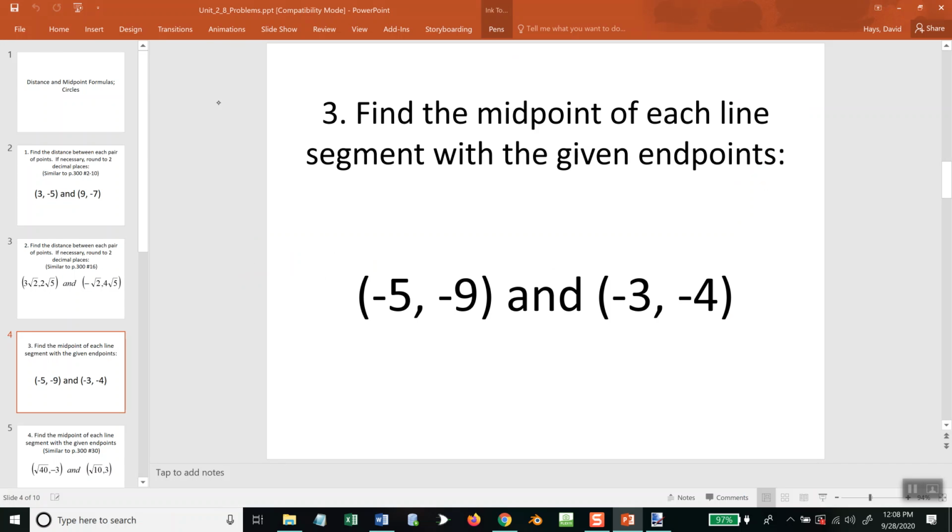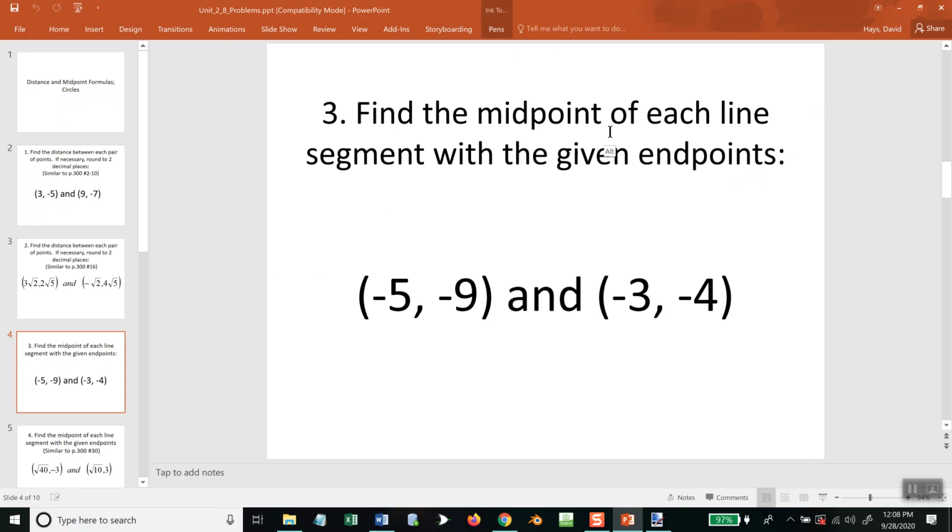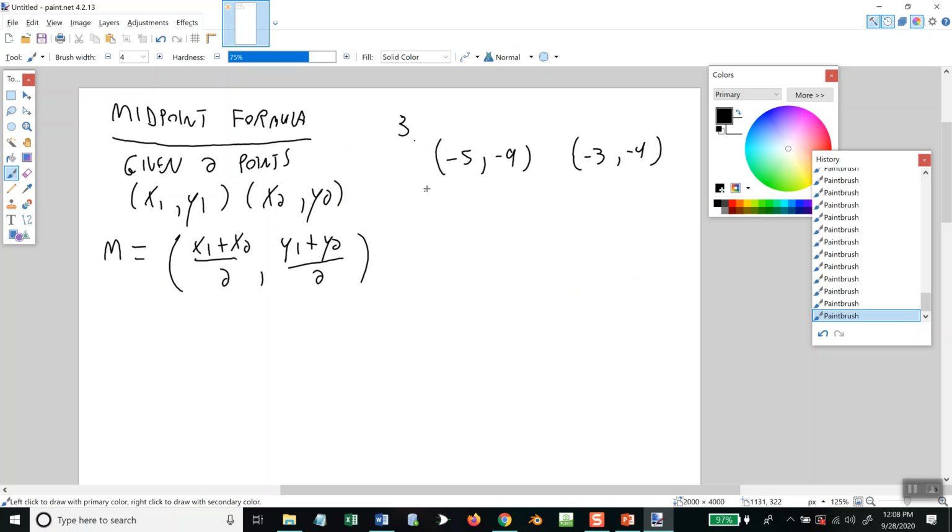Okay, let's take a look at this problem. This is my first point, so this will be x1, y1. This is our second point, so that'll be x2, y2. Really, there's no need to put extra parentheses here.